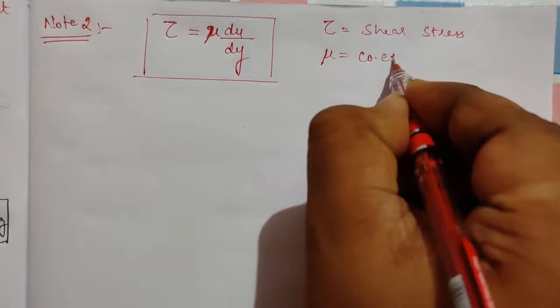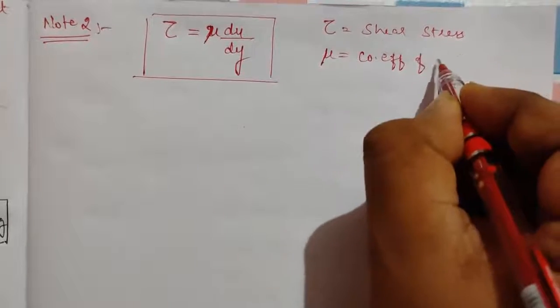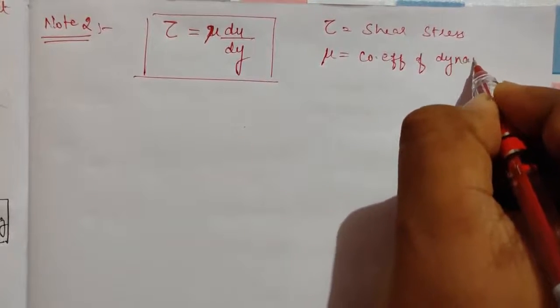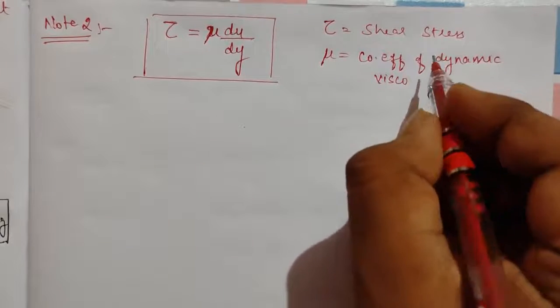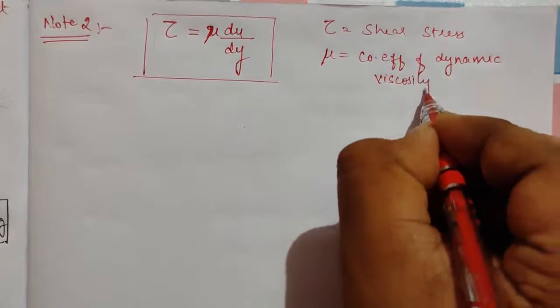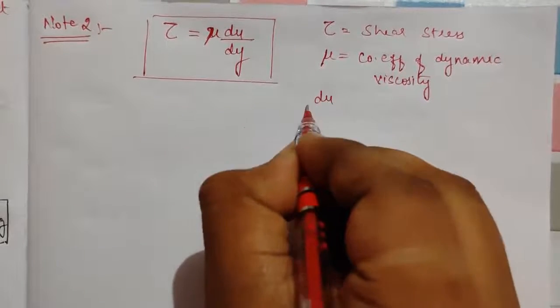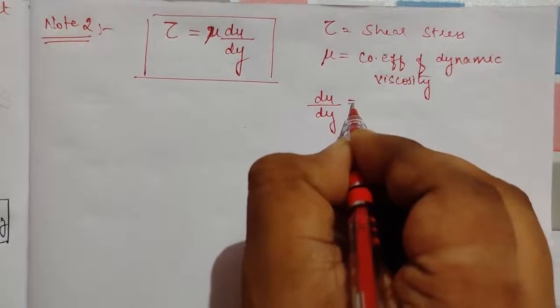So coefficient of dynamic viscosity, that is resistance to flow, viscosity. So this du by dy, what is this?